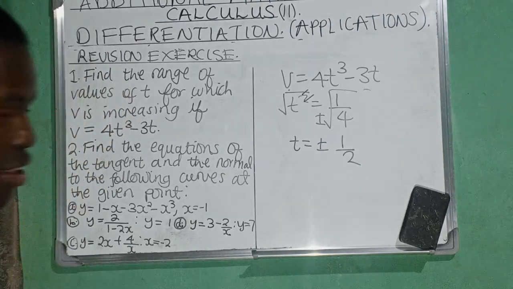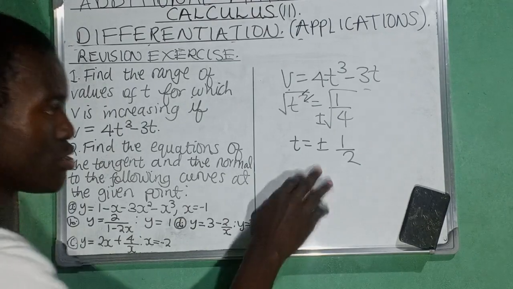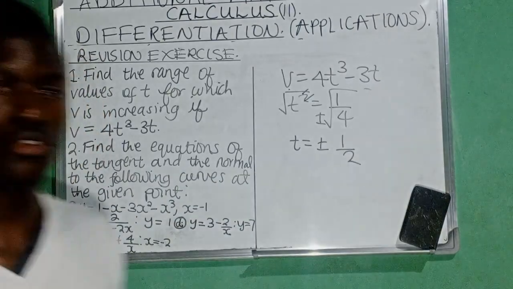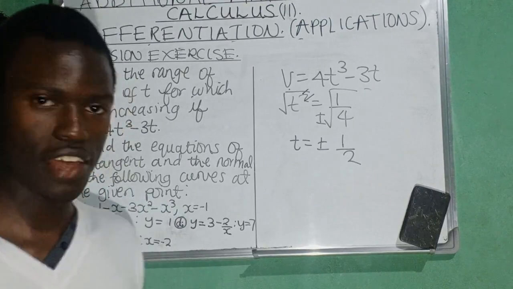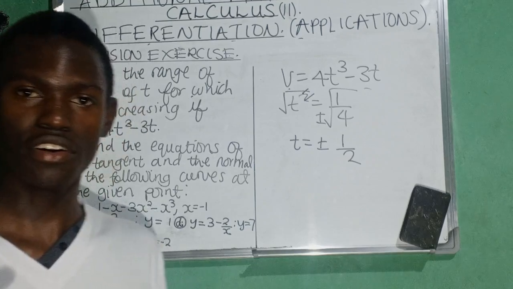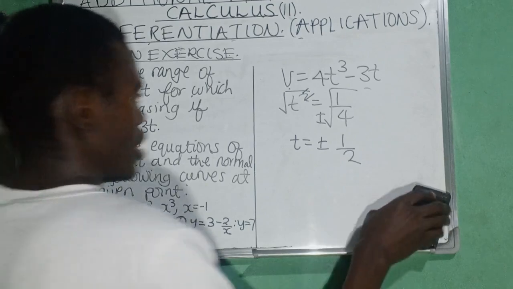Our aim now is to substitute t equal to half into v, and then t equal to negative half into v. Then we have 2 coordinates, and from those coordinates we are going to determine where the curve is increasing and where the curve is decreasing.